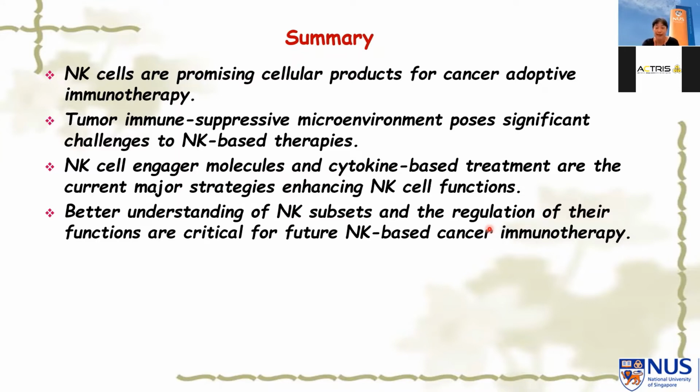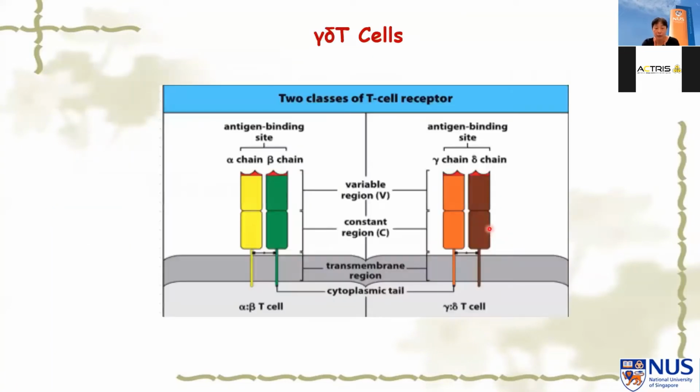There are many subsets there. And then the tumor definitely has a big impact on the NK phenotypes and functions. Only if we understand that can we design better therapies for NK products. Now I'm going to switch gears, about halfway done, to talk about gamma delta T cells.